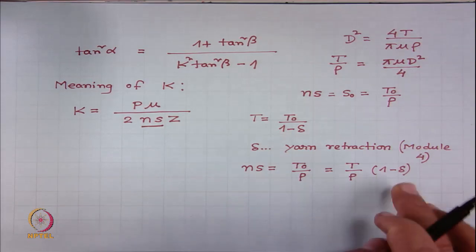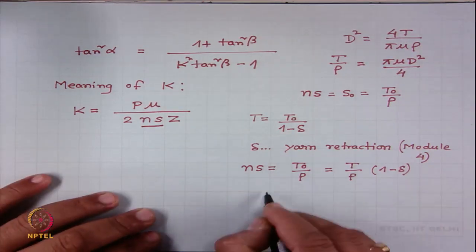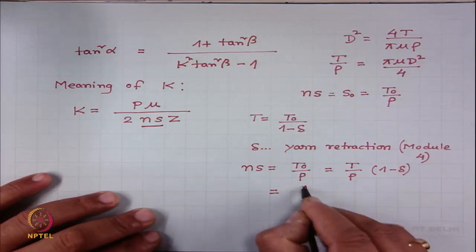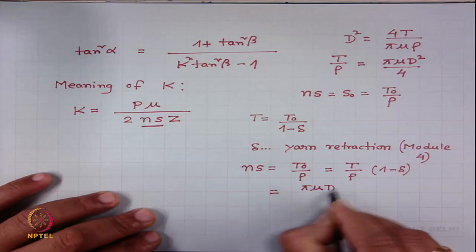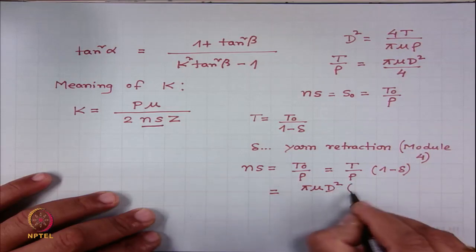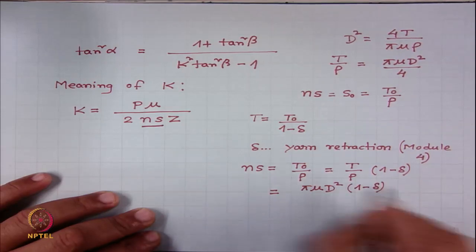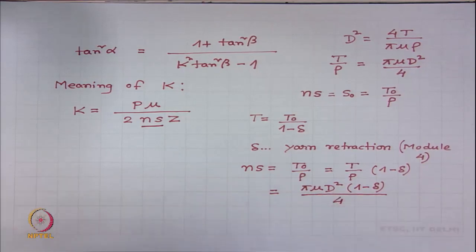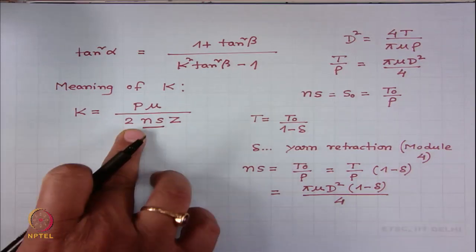If we substitute here T by rho, then what we will obtain? Pi mu d square into 1 minus retraction by 4, that is your Ns, right.